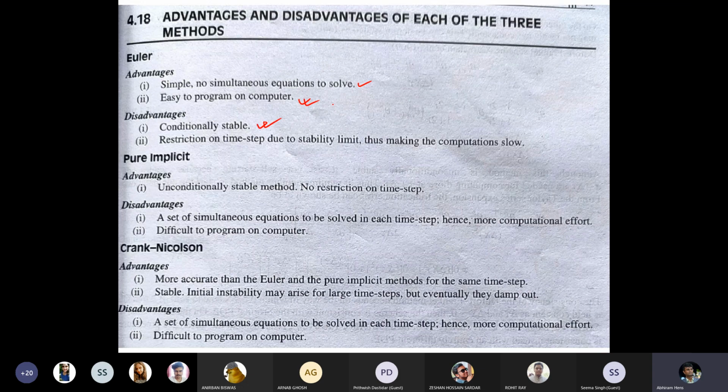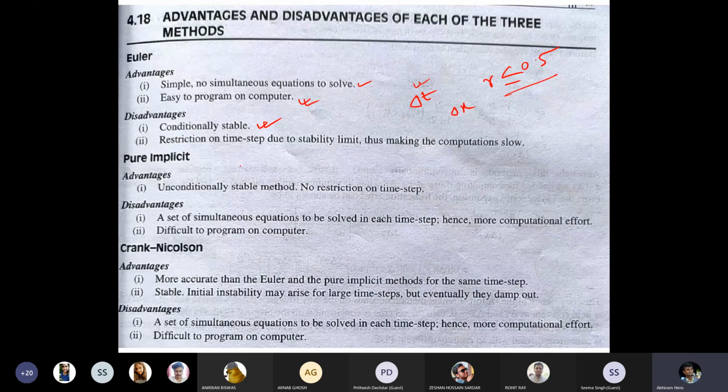So you need to very carefully choose the value of delta t with respect to delta x, so that r should not be greater than 0.5. There is a restriction on the time step due to the stability limit, thus making the computation slow. You have to take a very small value of delta t in order to satisfy this.